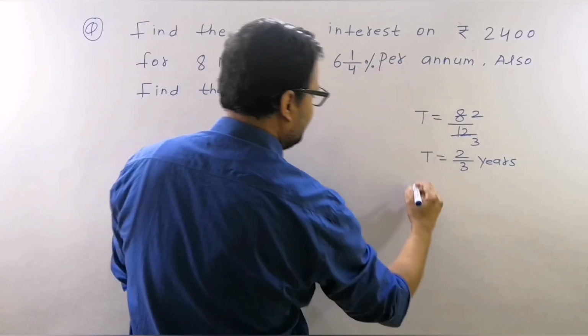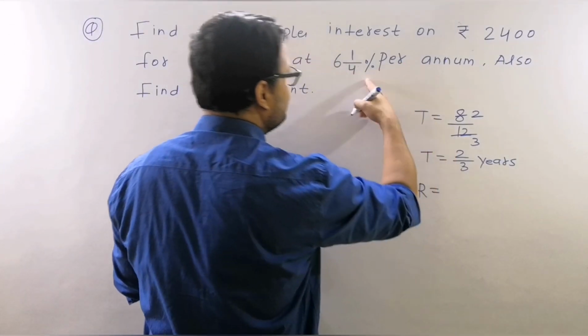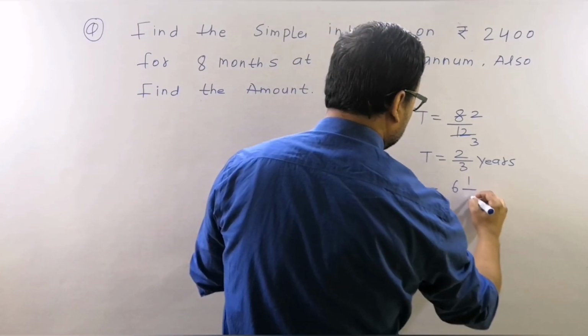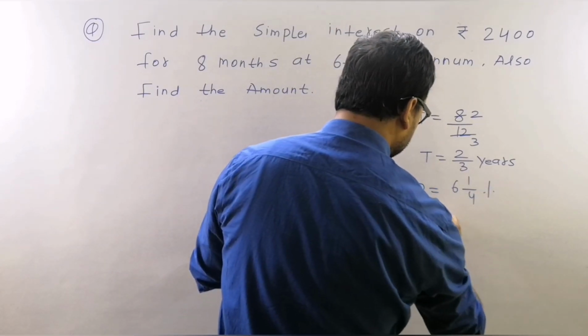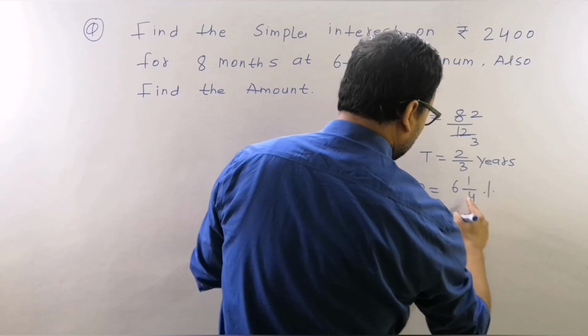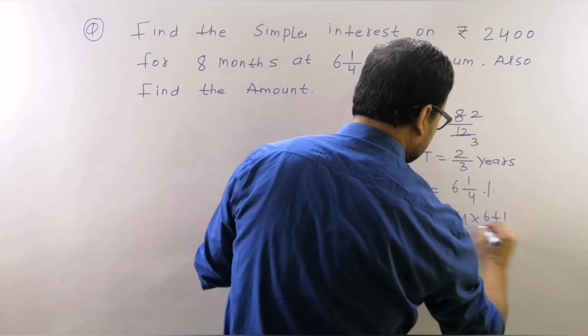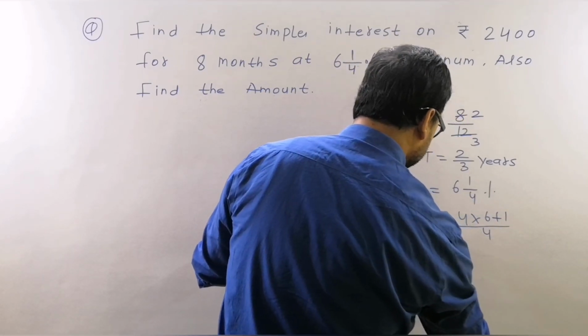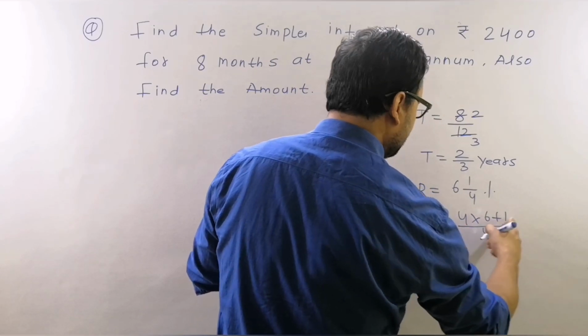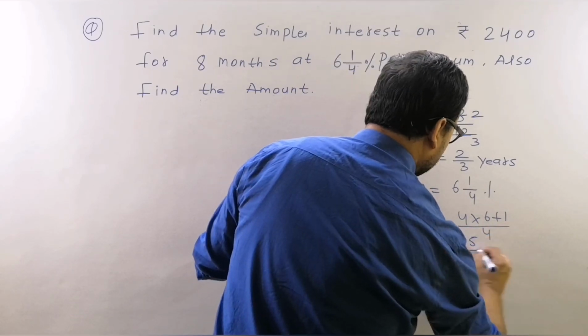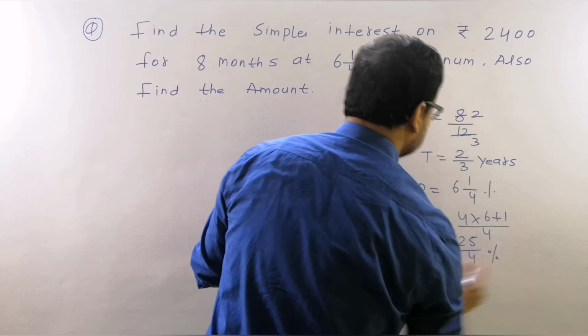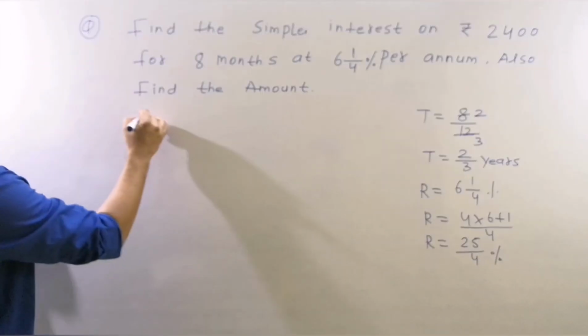Now rate equals 6 1/4. So it is going to be 4 into 6 plus 1 by 4. So rate we got 4 into 6 is 24, plus 1, 25/4 percent. Now again use the same formula.